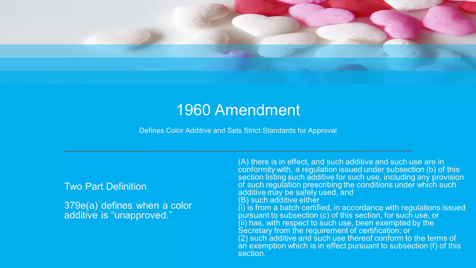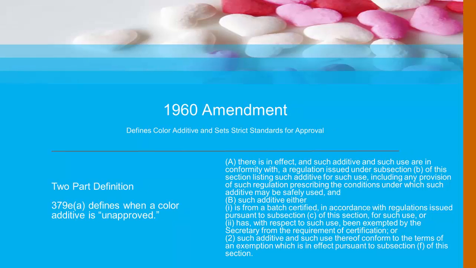So there's certified colors, non-certified colors, and then colors that need approval, and they'll fit when they're approved. They'll fit into one of those categories. But everything must be listed for color additives. If not a listed color additive, then we get into the color additive petition, which we'll talk about next week. If it is listed, it's going to be listed specifically either as a certified color, meaning it needs batch certification, it cannot be used unless that batch is certified by the FDA, or it's an exempt color.